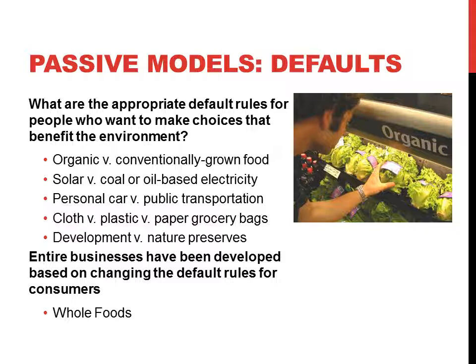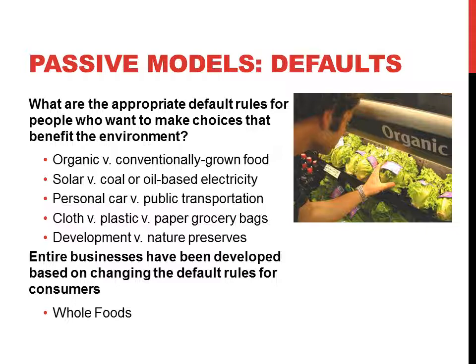The real key question around defaults, and they're just now starting to be used, is what are the appropriate default rules for people who want to make choices that benefit the environment? And this is a question that you will ask yourself and ask other individuals who are involved with you in designing a choice environment.